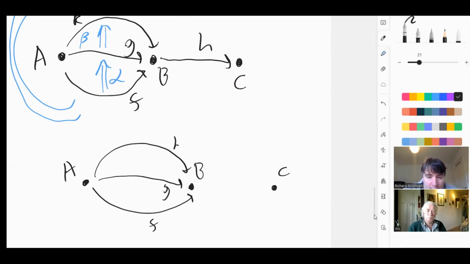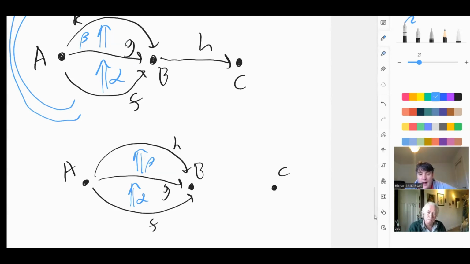And then for these two cells, those have to go between parallel one cells, so one cells that have the same boundaries, if you like. Like, they all go between A and B. Exactly. We shall see this very shortly.